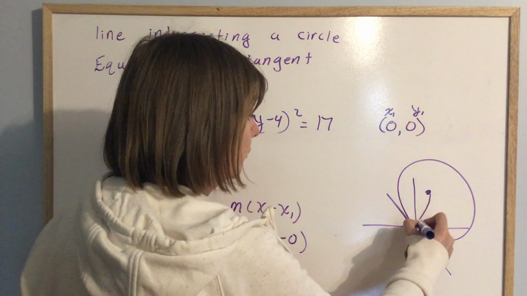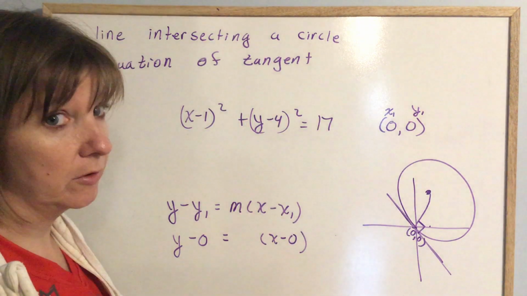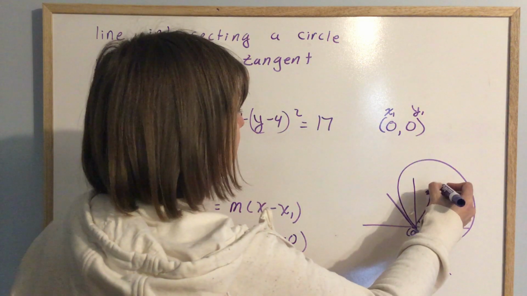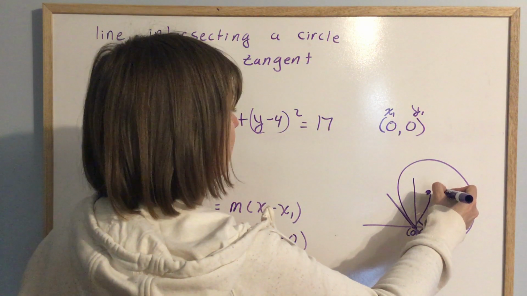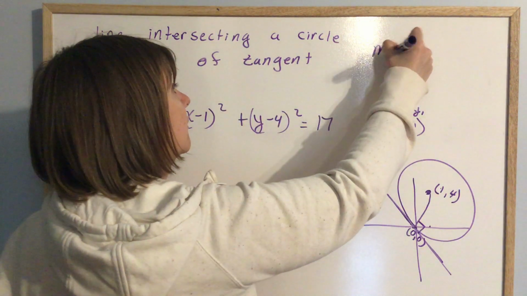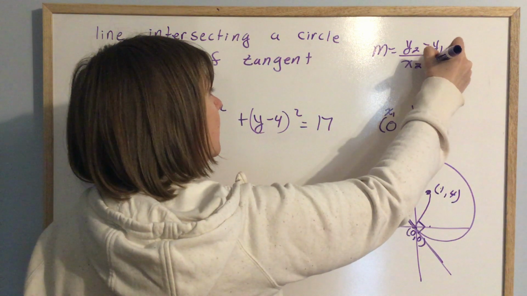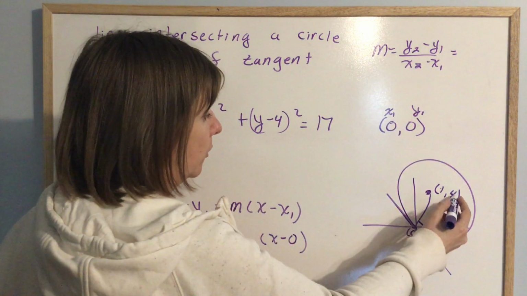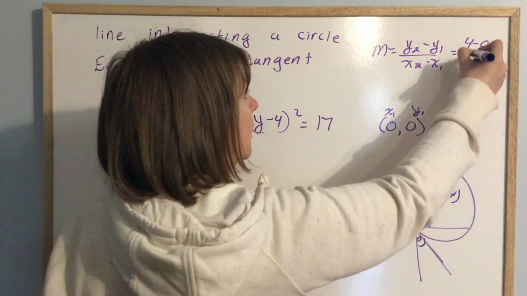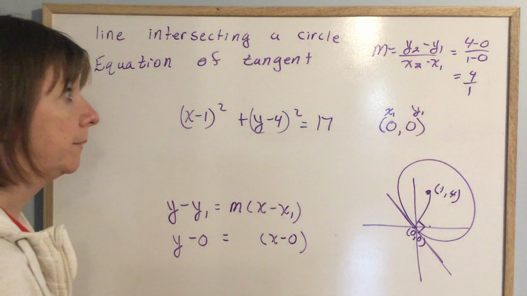The slope of a radius is perpendicular to the slope of a tangent. So if you can find the slope of the radius, and I know that the center is at 1 and 4, and I know that slope is y2 minus y1 over x2 minus x1, so that would be 4 take away 0 over 1 take away 0, so that would be 4 over 1.